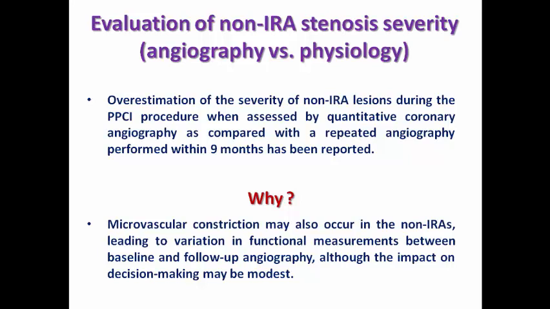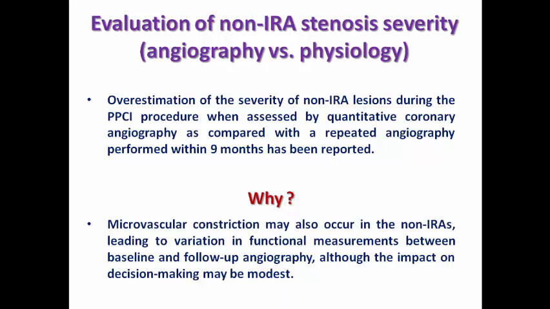Why? Because sometimes a microvascular constriction may occur also in the non-infarct-related arteries, resulting in variation in the functional measurements by FFR or iFR between baseline and follow-up angiography, and also may impact the severity on angiography, so affecting the decision making.